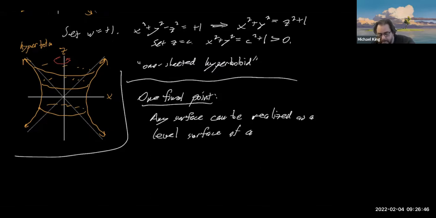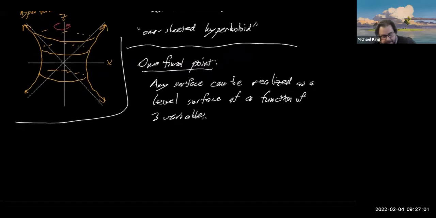This is going to be important when we're doing calculus, like in a week or so, or differential calculus. So say you have, for example, something like z equals x squared plus y squared. That's our standard paraboloid.